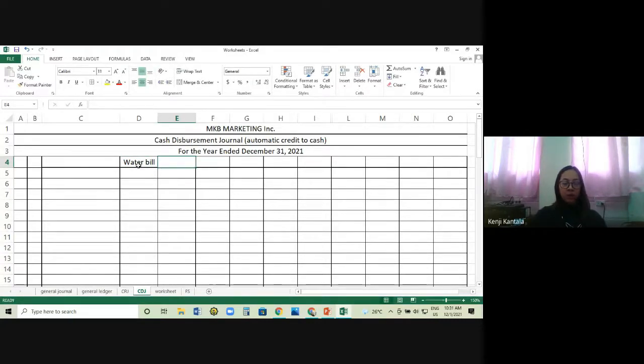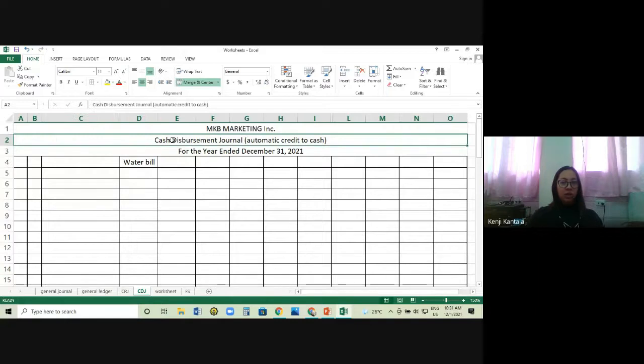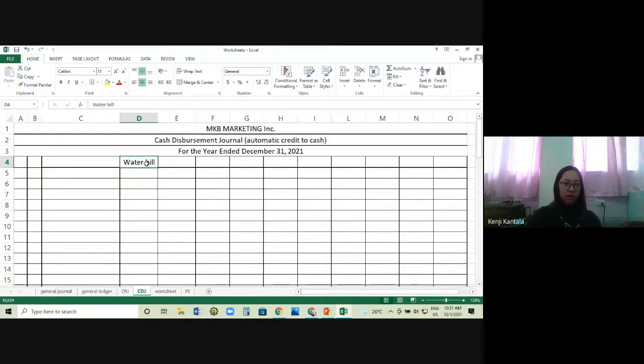So, to record our payment for water bill, we have a debit to water bill or utilities expense and a credit to cash. So, dito sa cash disbursement journal, automatic credit to cash na siya. So, i-record na lang natin yung debit natin. So, ito, yung account title natin, water bill, and then we just put the amount here.